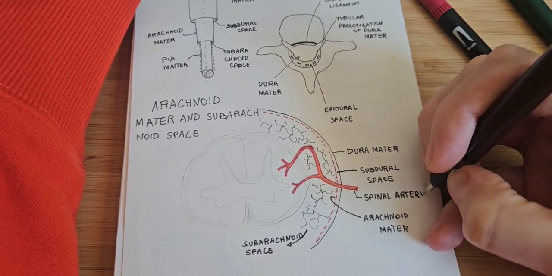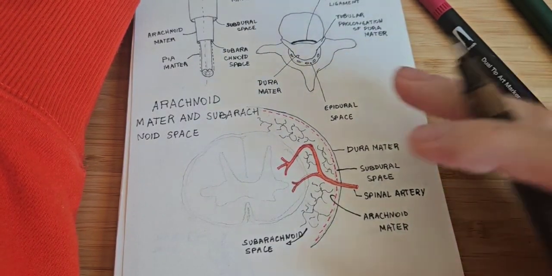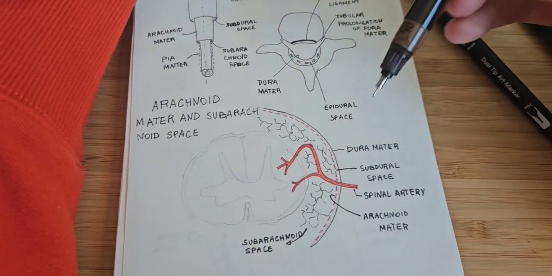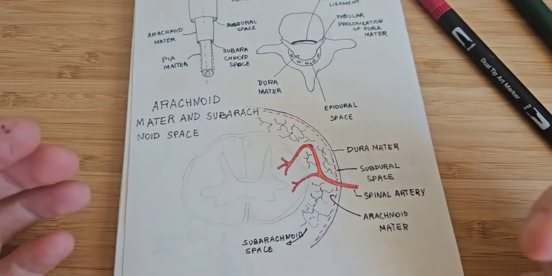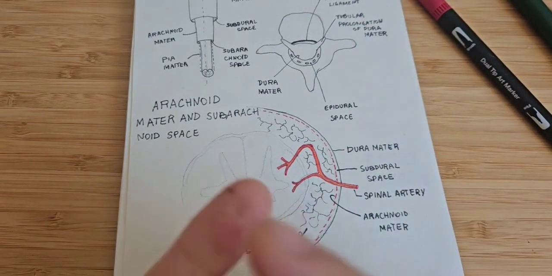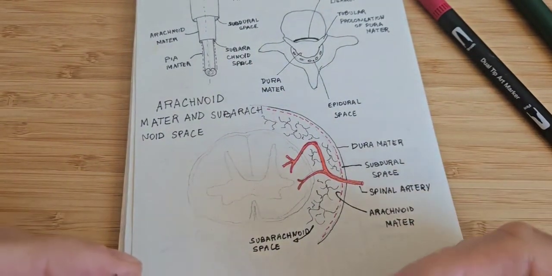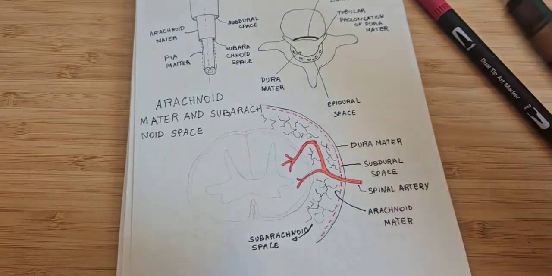Spinal artery. Okay, the spinal arteries are the major blood vessels that run along the surface of the spinal cord, and they provide essential oxygen and nutrients to all the neural tissues. They enter the spinal cord through the intervertebral foramina.